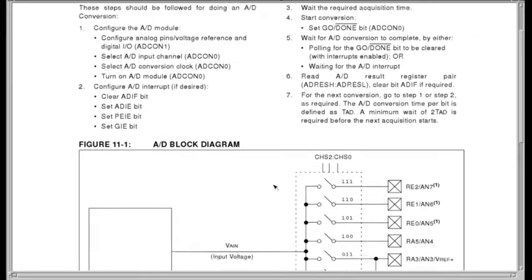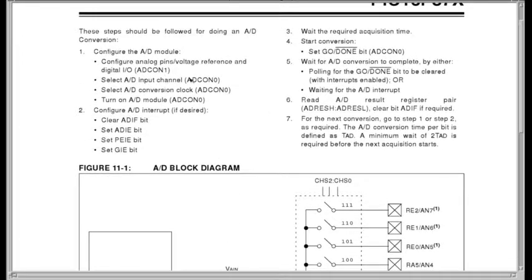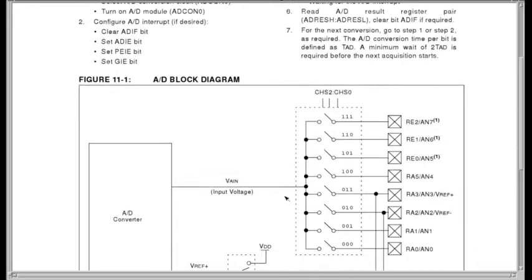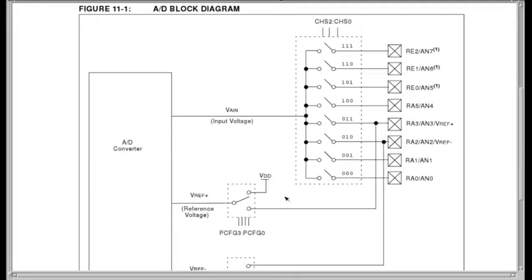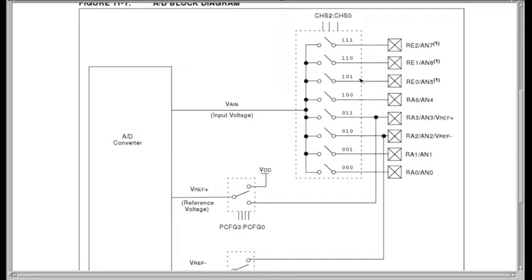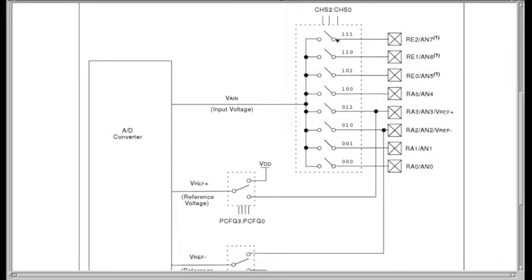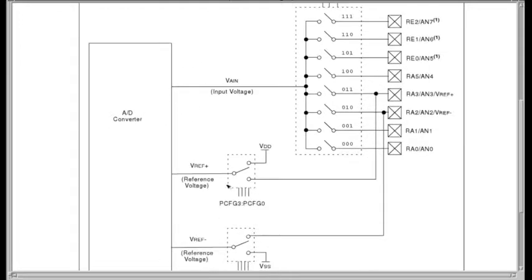Here's a block diagram. Well, this section explains how you do the setup and configuration. We'll be going over that when we look at the code in a minute. Here's a block diagram of roughly what's going on. Here's your channel select bits. It closes one of these switches and makes that channel connected to the AD converter.